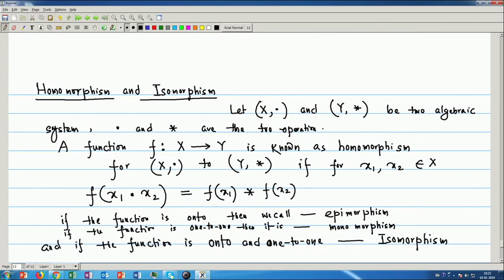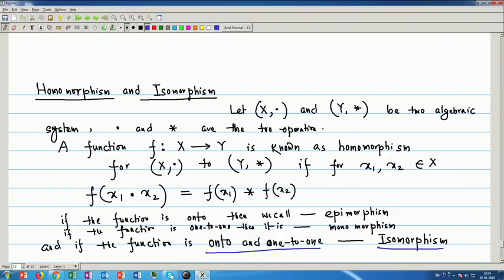So, now it is clear that if it is onto and one to one, that means the two algebraic systems are structurally the same, or structurally similar. Then we can tell that they are structurally similar algebraic systems and they are isomorphic to each other.